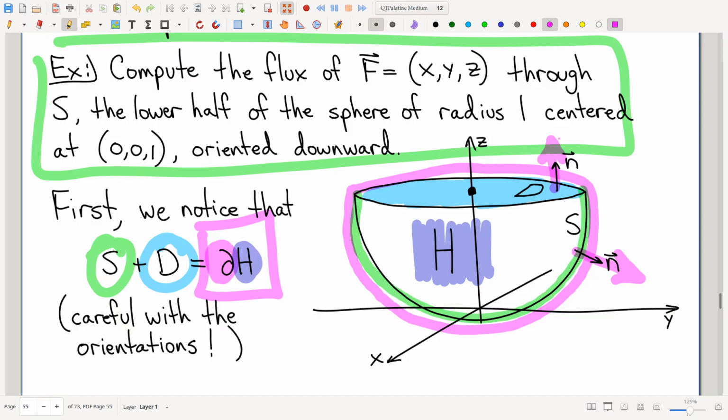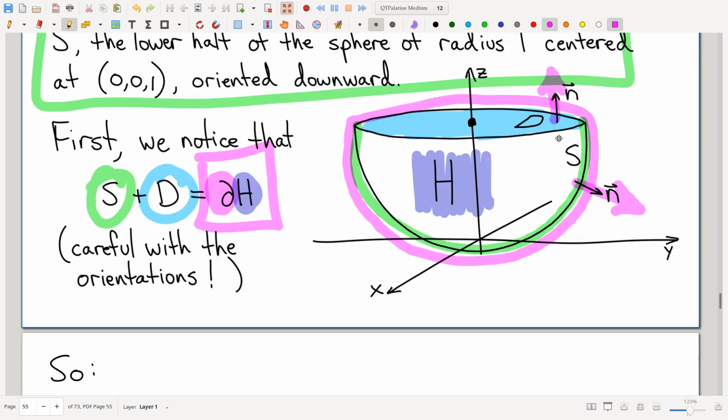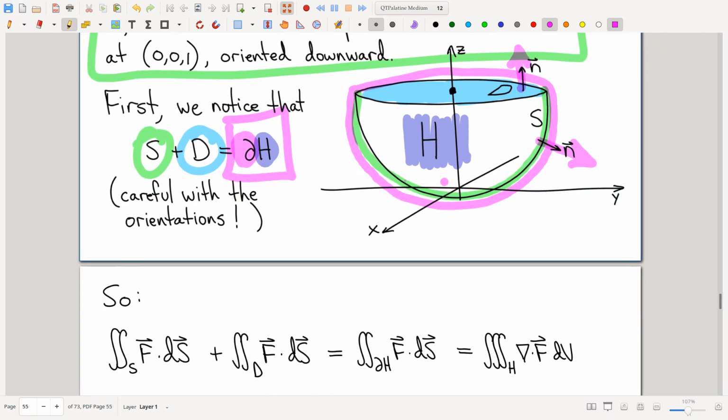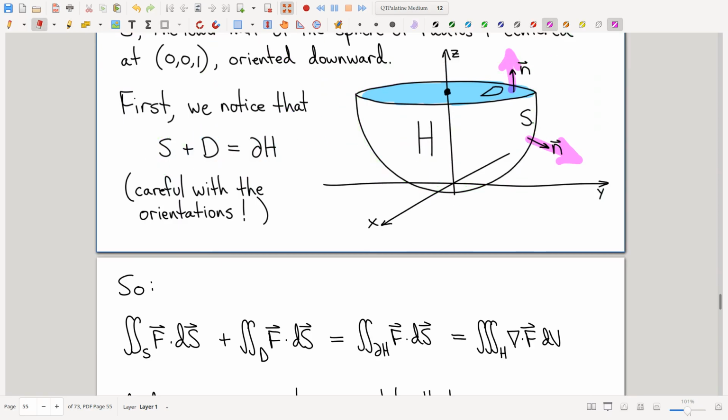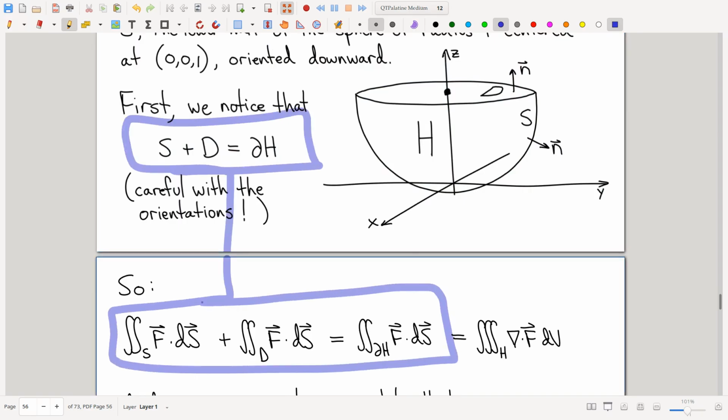Okay. All right. So now let's play it out and see how this goes. Oh gosh. Let me clean up my picture here. The fluxes, follow this. S and D combined make the boundary, so the S flux and the D flux combined make the boundary flux.